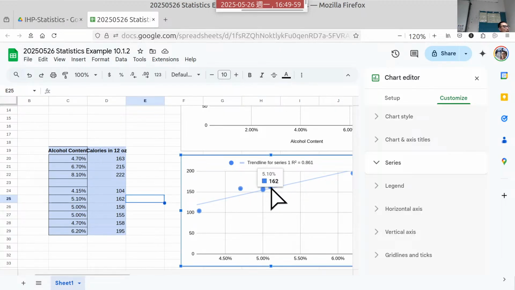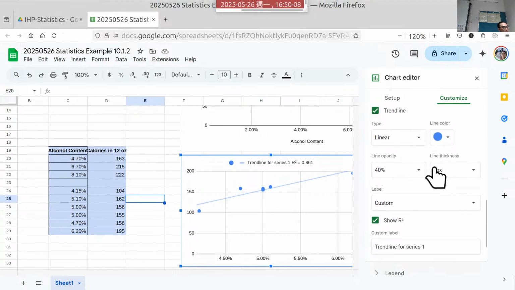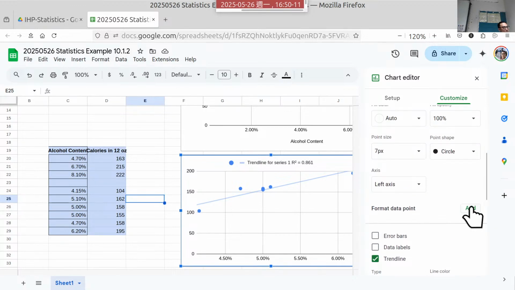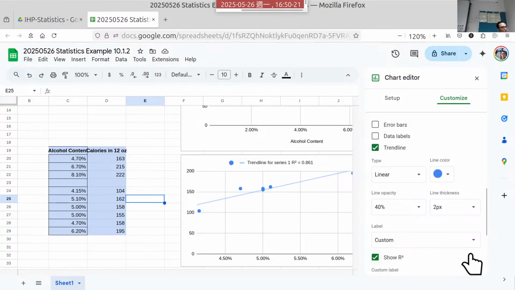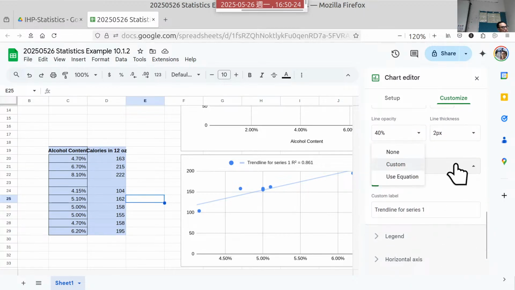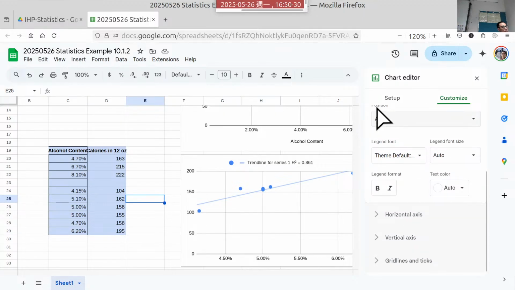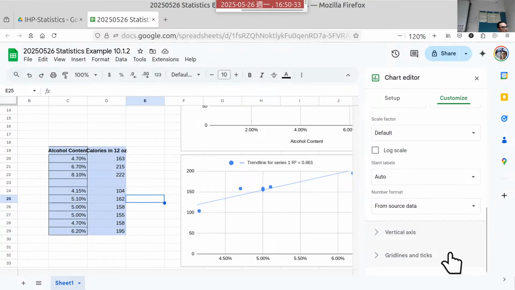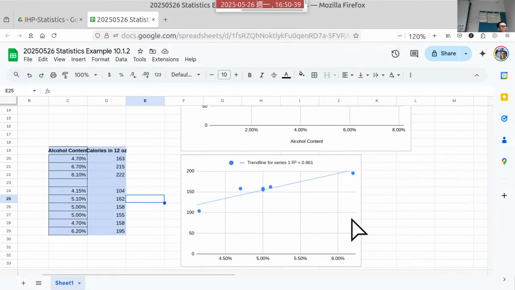Let me show you again. Click one spot. Okay, please practice this part. Two minutes.